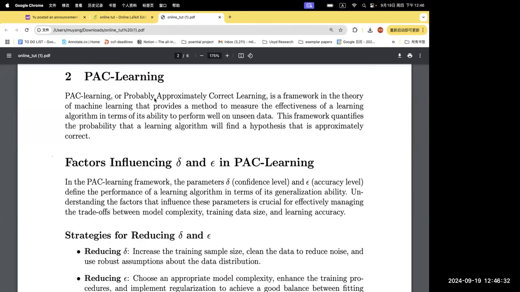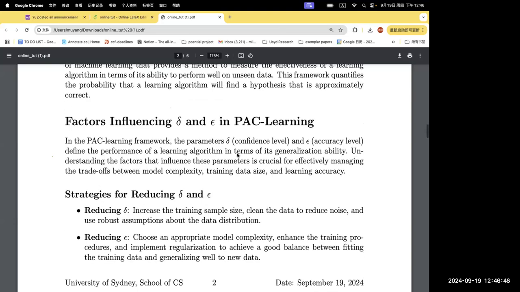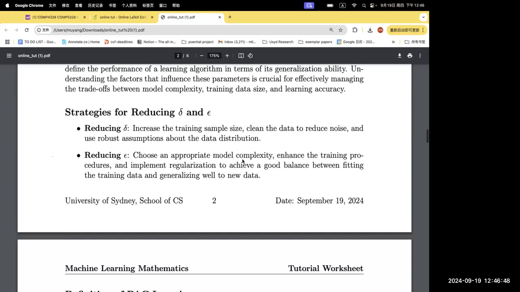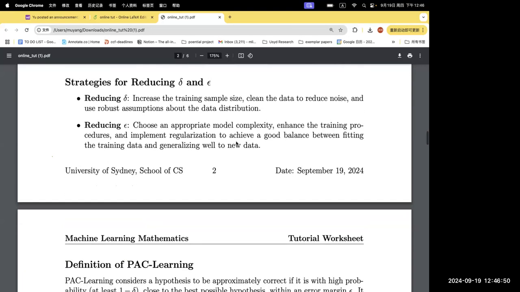We know that PAC learning is only a framework, and there are very specific sub-problems within it. One of the most important problems we mentioned in the lecture is how to check the PAC learnability of a given hypothesis class.